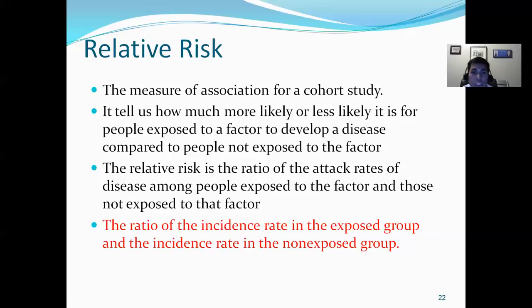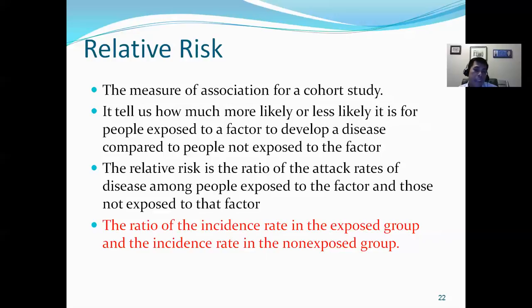It's a measure of association for a cohort study. It tells us how much more likely or less likely it is for people exposed to a factor to develop a disease compared to people not exposed to the factor. Relative risk is also a ratio, by the way, just like odds ratio.